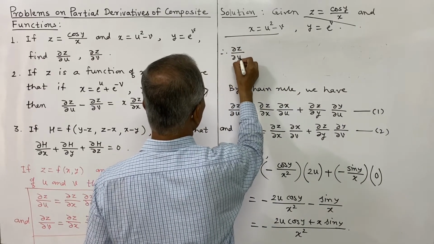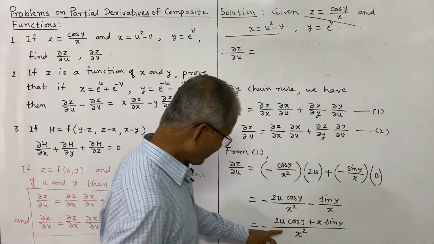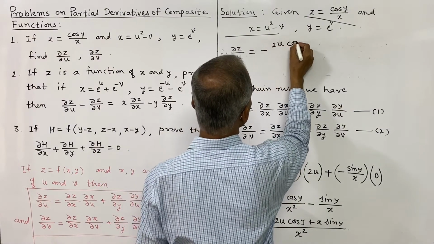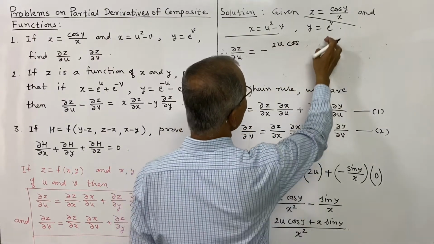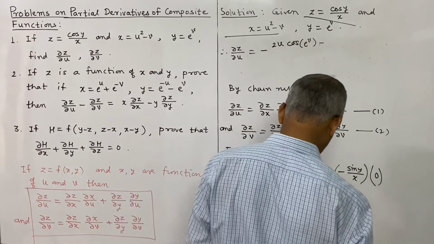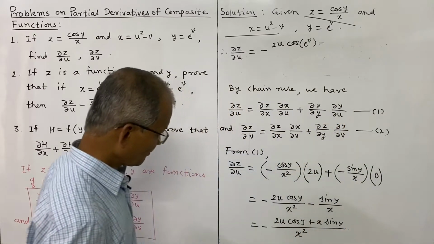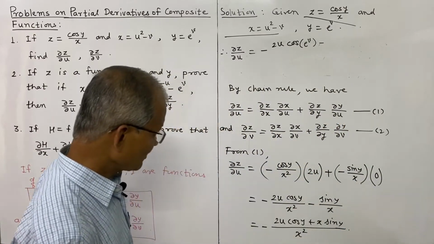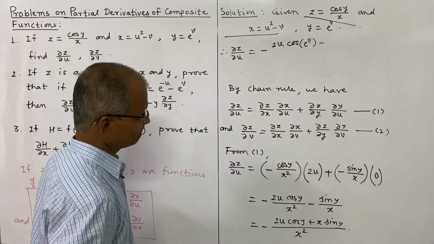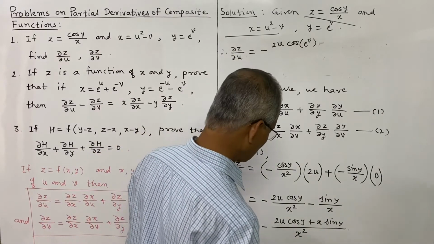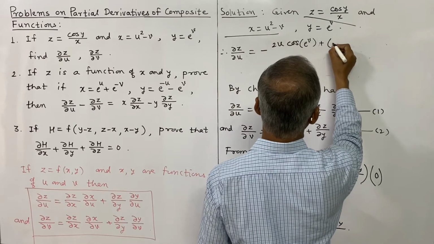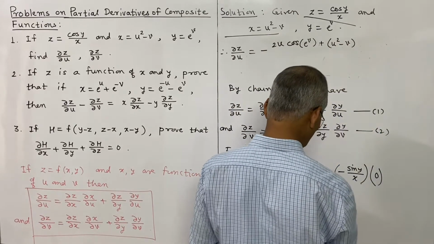Partial derivative of z with respect to u is equal to, finally we shall put the value of y and x, so it is negative 2u cos y, y is e power v, minus x, we have multiplied here by x into sin y, so this negative sign of both these we have written common, and therefore this will be x is this value u square, that is plus sign u square minus v into sin y.